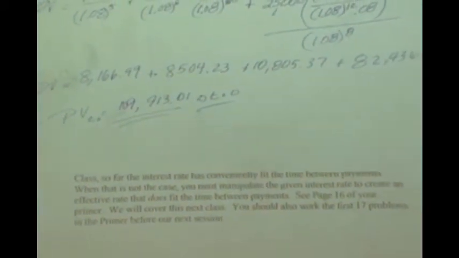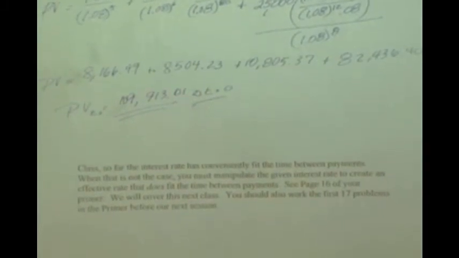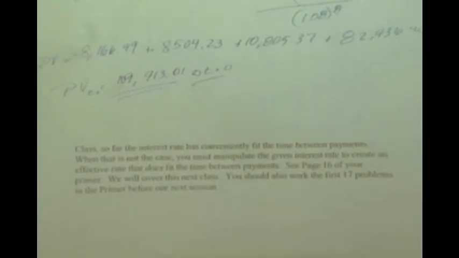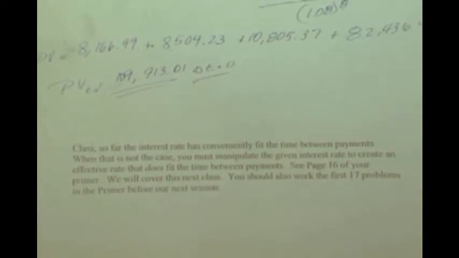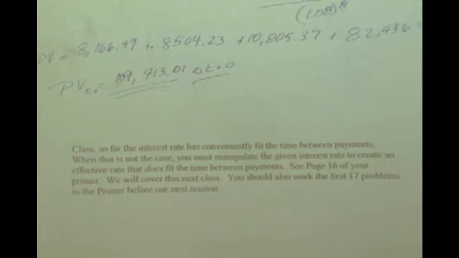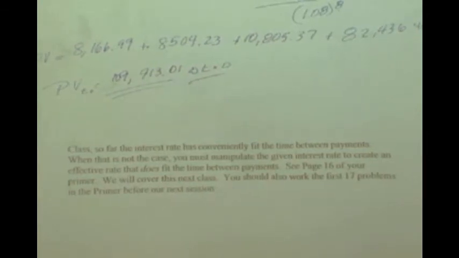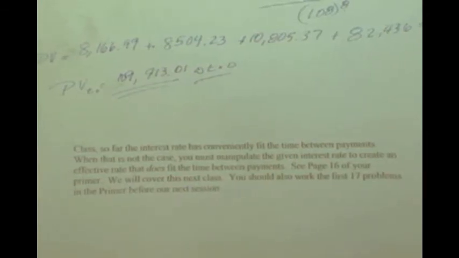Well, that may not always be the case, and when the interest rate does not fit the time between payments, you will have to manipulate a given interest rate to make an effective rate, which is a simple interest rate, across that time span between payments. And that's what we're going to do now.